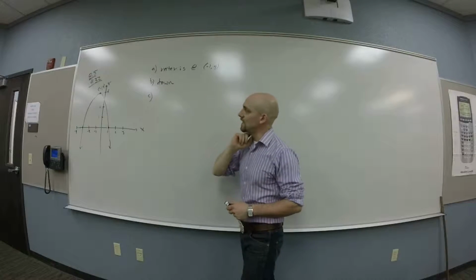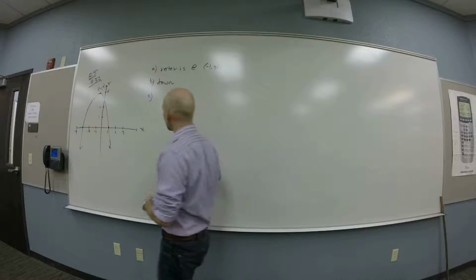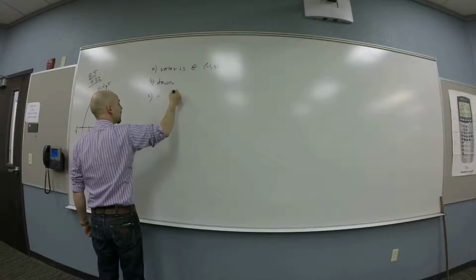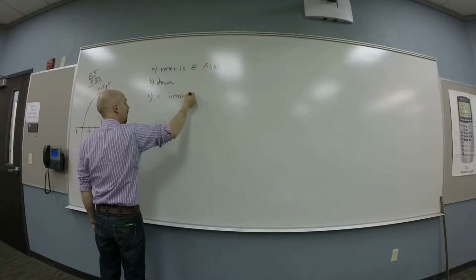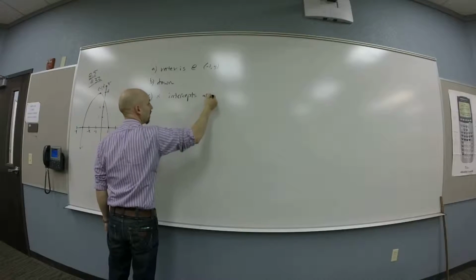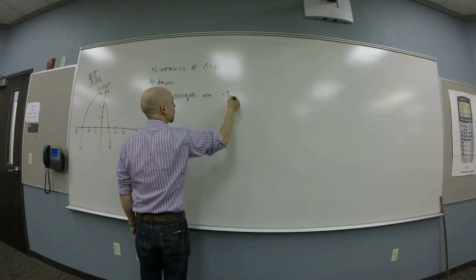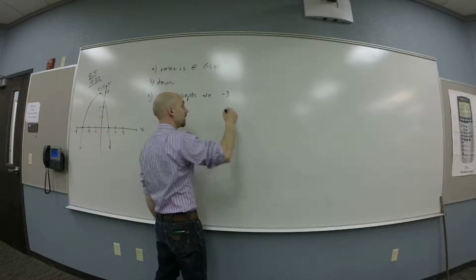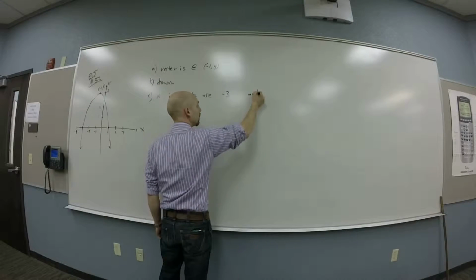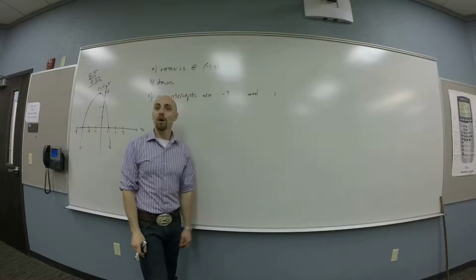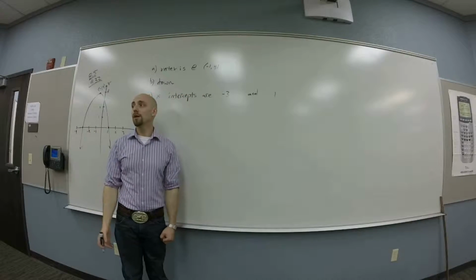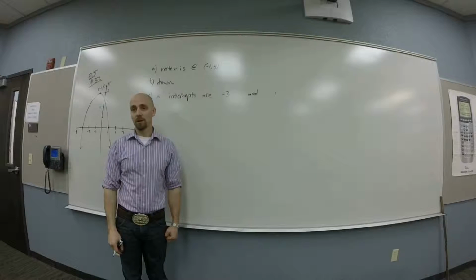All right, so C is x-intercepts. So the x-intercepts are -3 and 1. And if you want to phrase these as points, go for it. Why don't you need to?